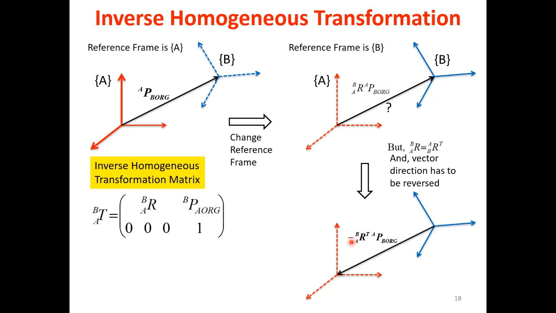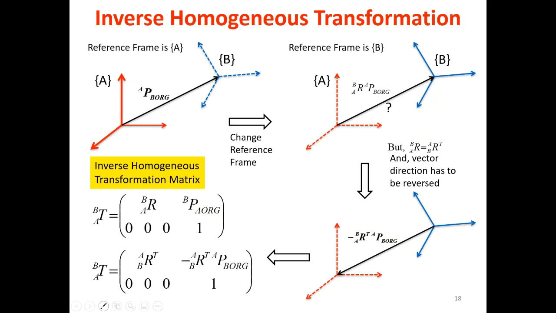All right. Now this is equal to BPAORG. So you replace this one with this one and replace BAR with ABR transpose. Okay. So when you put these things together, this is correct, right?